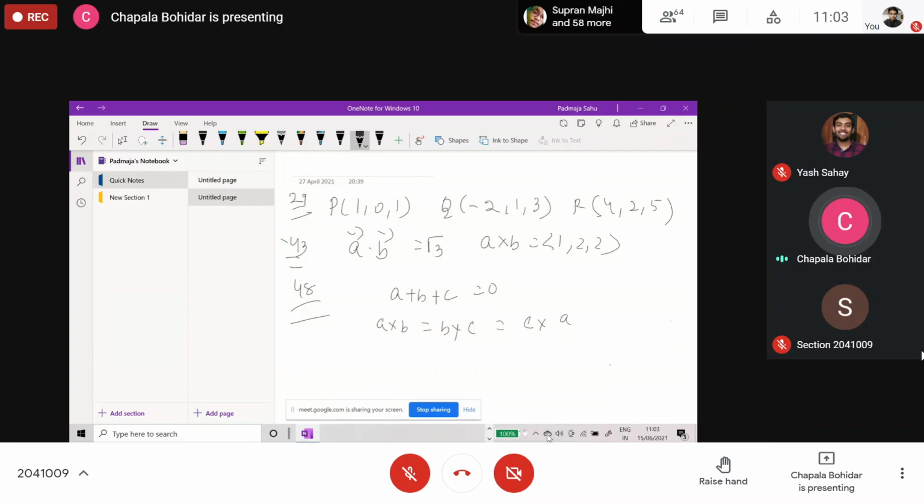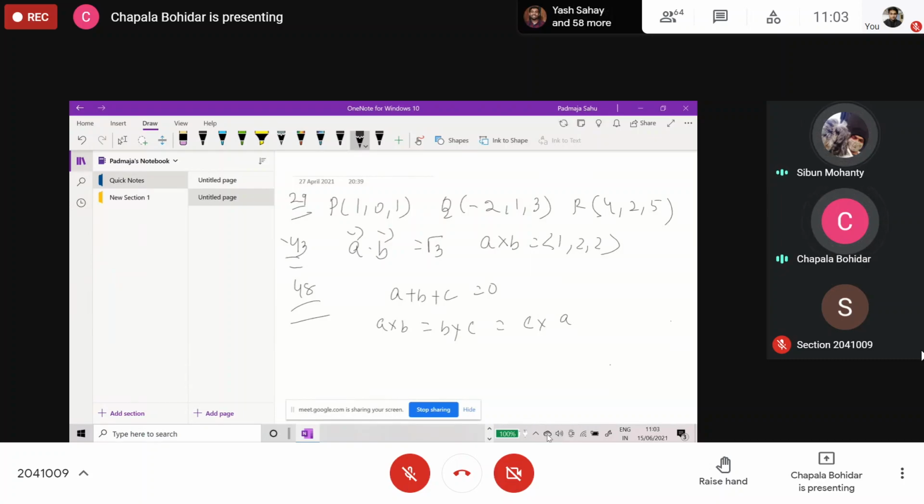How do you solve? Multiply: A plus B equals minus C, take the C to the opposite side.